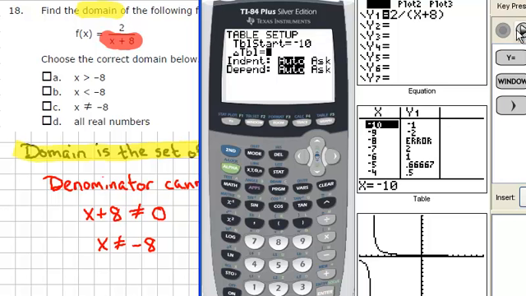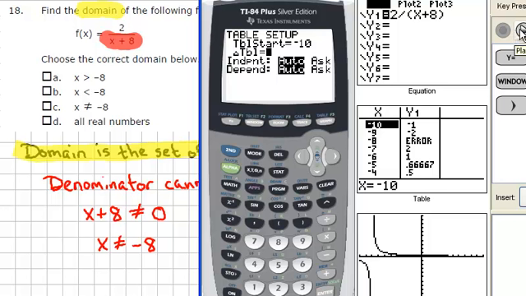That way the x values will increase by 1 at a time. And then leave the independent and dependent variables on auto. The independent variable corresponds with the x, and the dependent variable corresponds with the y.